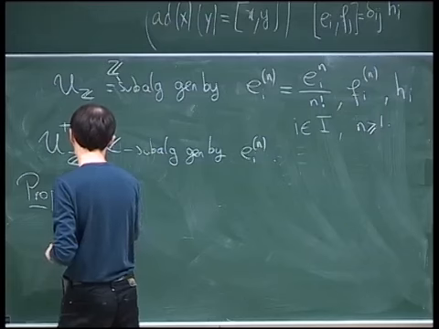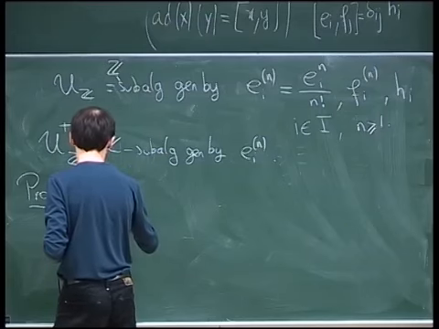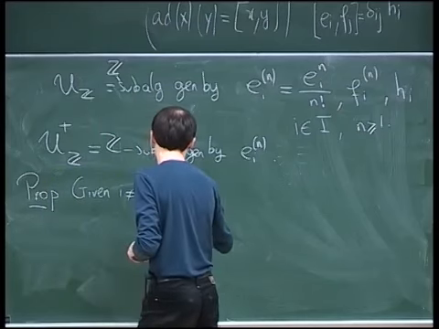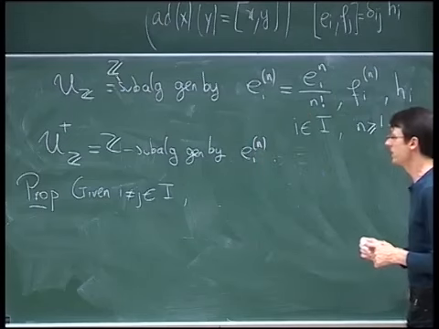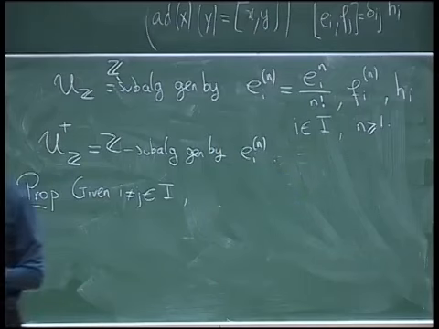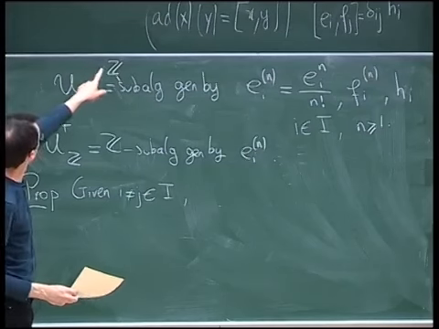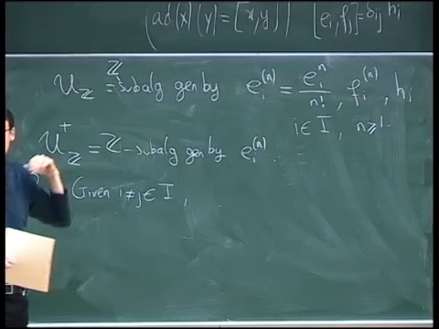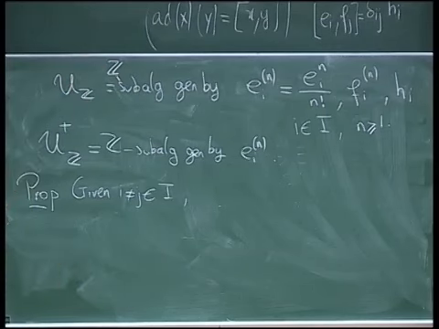We have space here, proposition. If you take i and j in I, say i different from j, this relation can be expressed in a slightly different way. If you take commutators that involve signs, saying, for example, that the commutator of x and y is 0, that's xy minus yx equals 0.